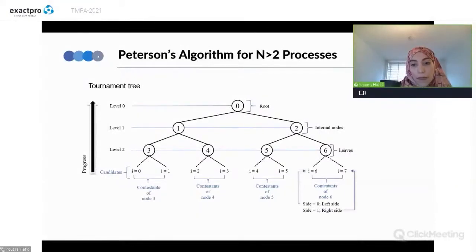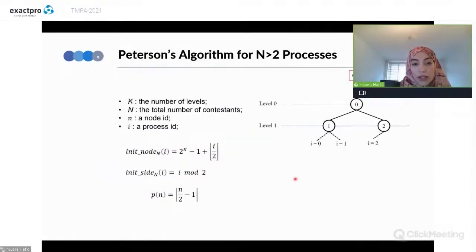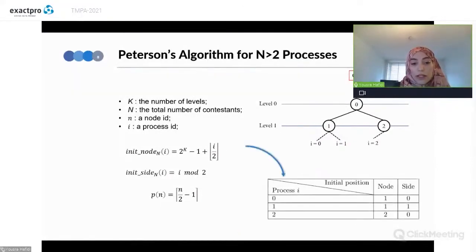As you see here, we need functions in order to compute the initial position of processes in the tournament tree, and also a function or a formula in order to compute the parent node. All of these are defined, and they will be used in the algorithm.